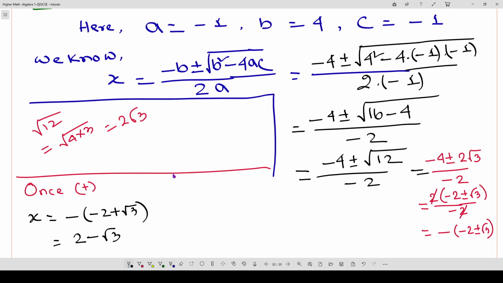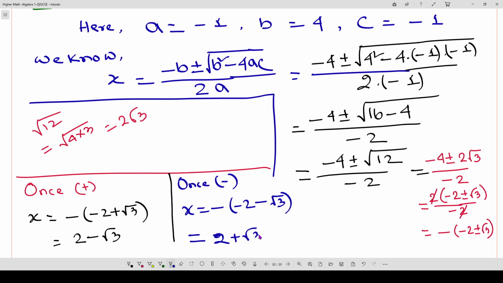Okay, so one part. Another part, if minus, then x equals minus, then minus 2 and minus root 3. So finally minus and minus plus, it means only 2, plus and minus again plus root 3.